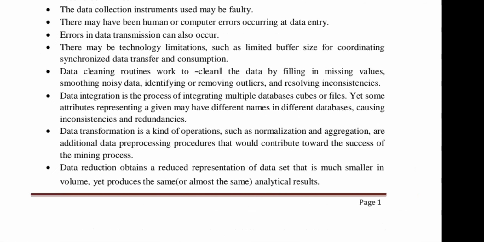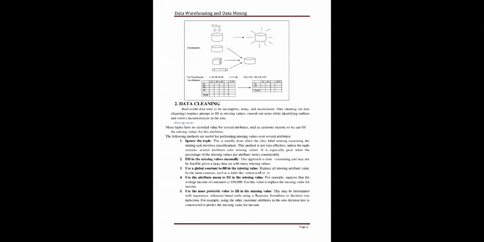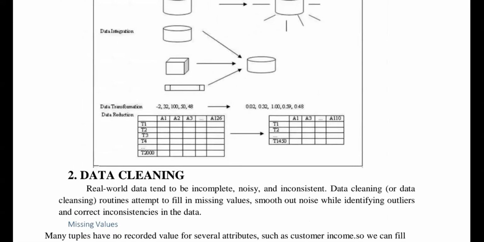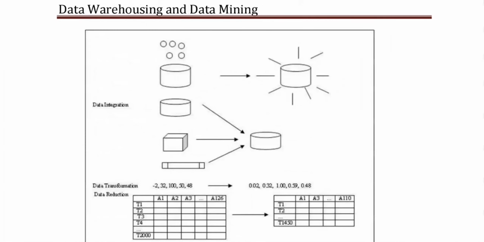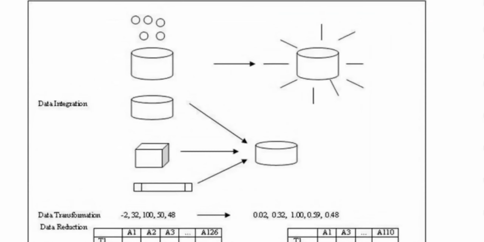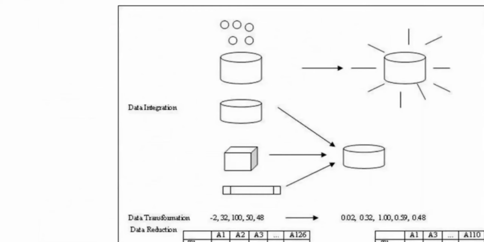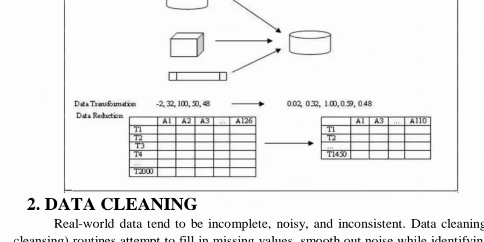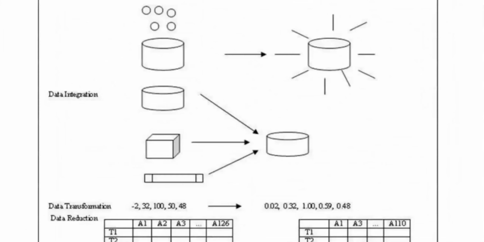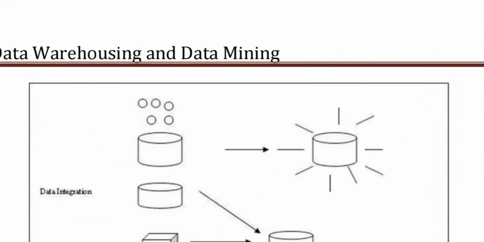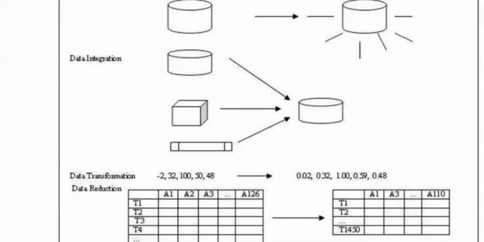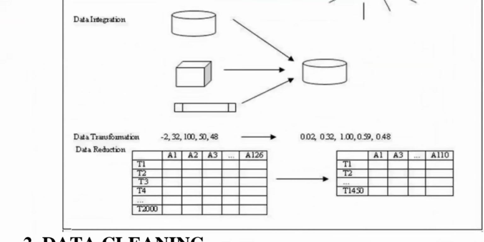Next one. See here, this is the representation of the step-by-step process for data warehousing and data mining. First is data cleaning, then data integration, data reduction, and data transformation. Here you have the four steps.